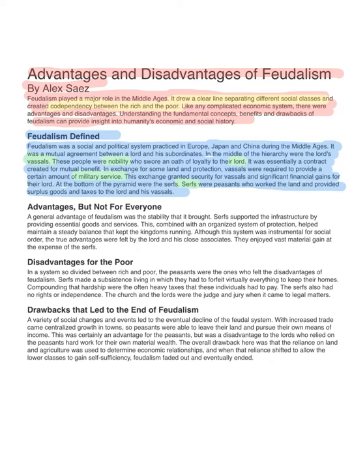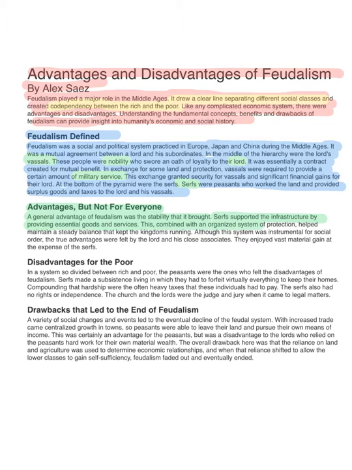Okay, so there were advantages, but not for everyone. A general advantage of feudalism was the stability that it brought. Serfs supported the infrastructure, that means the land, the cities, by providing essential goods and services.